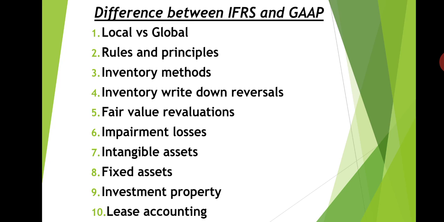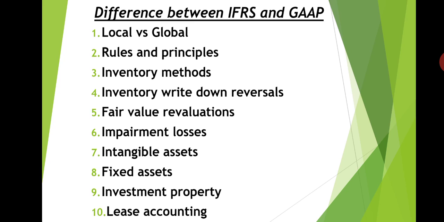So this is the third difference between IFRS and GAAP. Here GAAP allows first in first out and last in first out, but IFRS allows only first in first out. Understood?